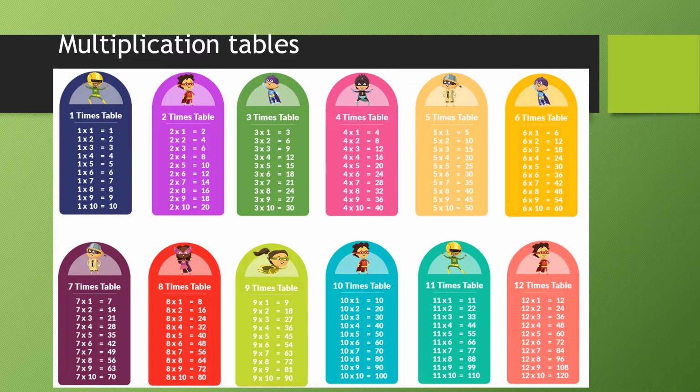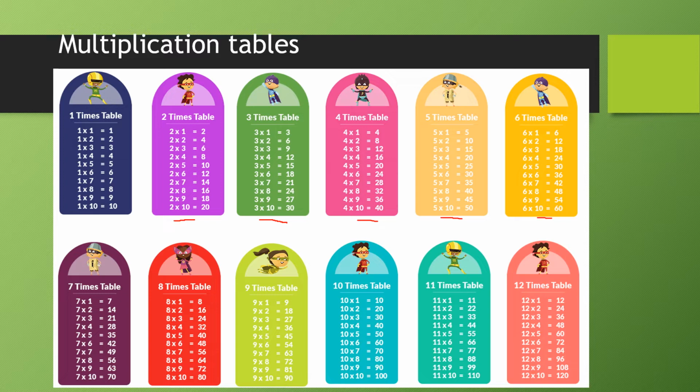So there are something called multiplication tables. These you have to remember. So if you remember these things, you can do your calculations very fast. Since you are in grade 2, you can remember 2 times table, 3 times table, 4 times, 5 times, 6 times.